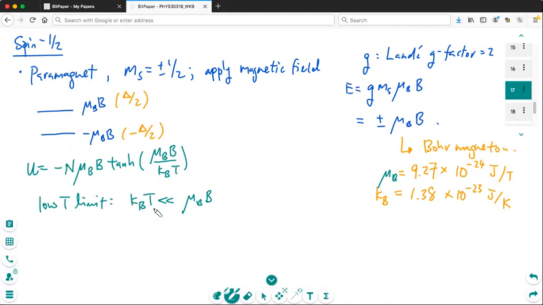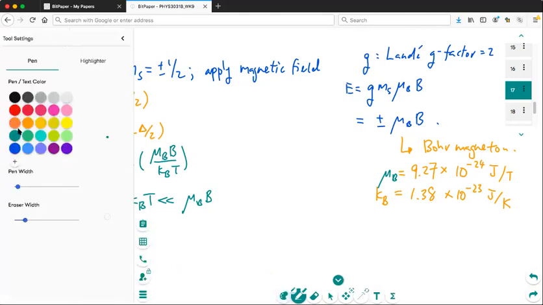So if k_B T is very, very small, the low temperature limit, what you are really doing is increasing temperature, increasing energy. So you don't have that much thermal energy to populate the upper level. In the very, very low temperature, I will draw it for you. This is the field energy scale, which is plus mu_B B and minus mu_B B. So this separation is 2 mu_B B, but this factor of 2 is not that important for us.